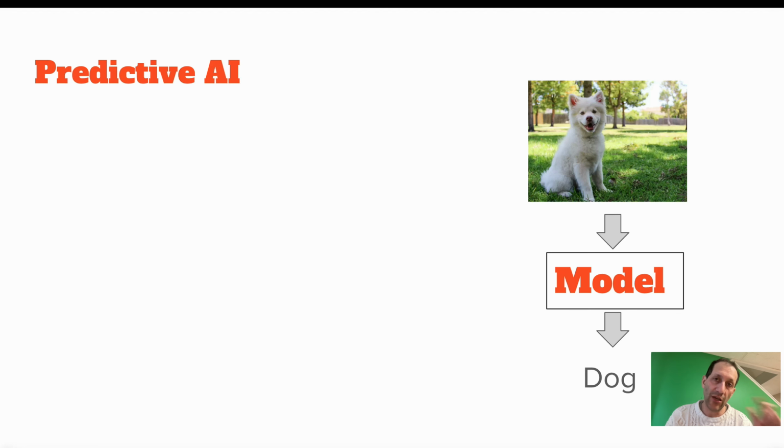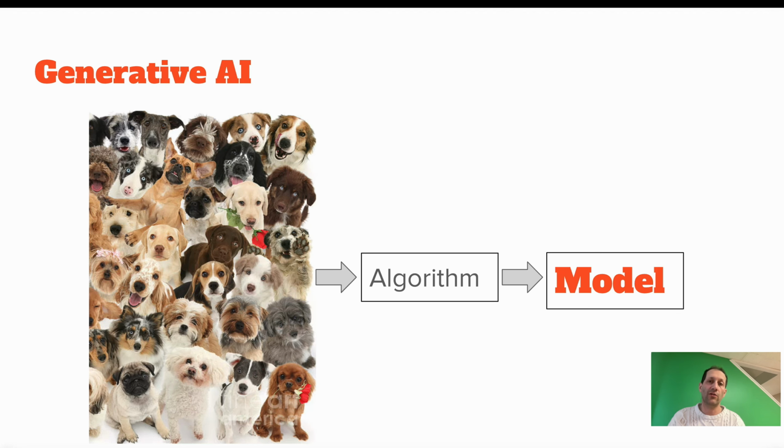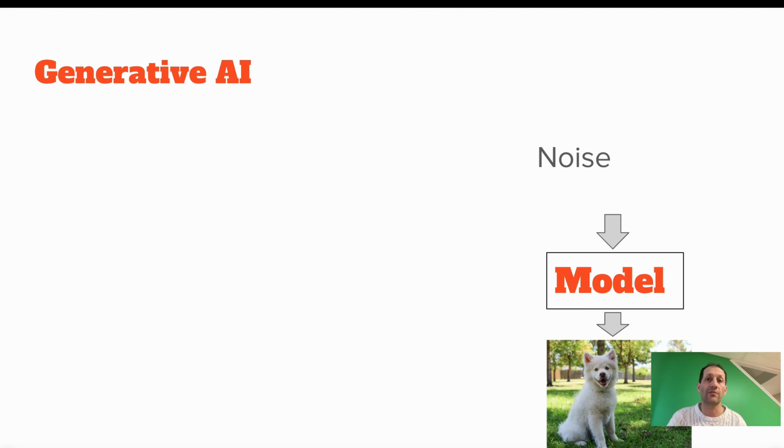Now, in generative AI, it's going to look more like this. Say your goal is to generate images of dogs. What you would do is just collect a whole bunch of dog pictures, feed them into this algorithm, let the model learn what a dog looks like, such that once it has learned that, you just give it noise to start or something, and it will create the image of a dog.